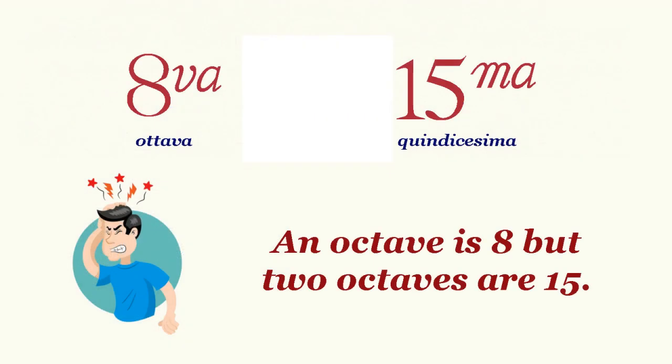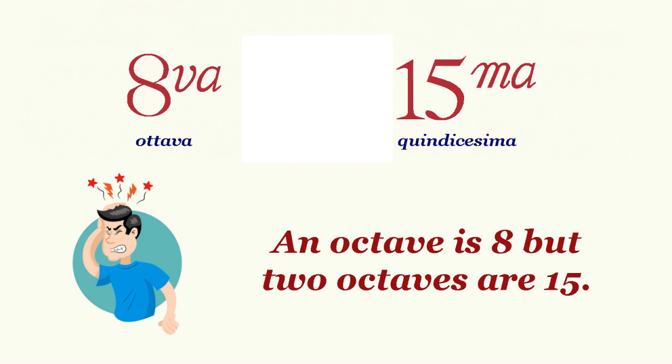I noticed this insane musical math as a young student. It was because of octave signs. When you tell somebody to play up an octave, it is marked with 8VA, and that is the abbreviation for ottava, which is simply the Italian name for octave. But what happens when something is marked up 2 octaves? Now the marking is 15MA, and that is short for the Italian name quindicesima.